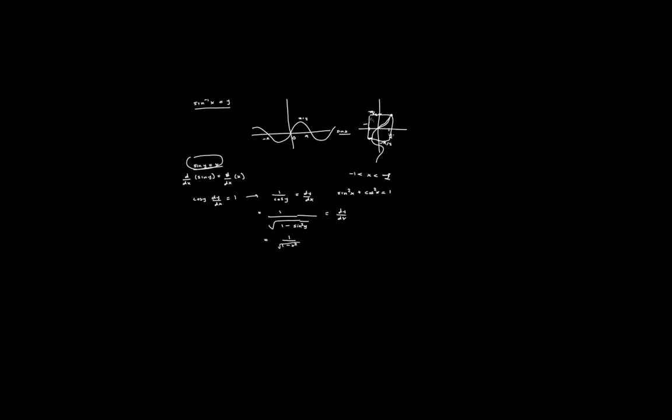And so essentially the derivative of this function, dy over dx of sine inverse of x, is simply 1 over the square root of 1 minus x squared.